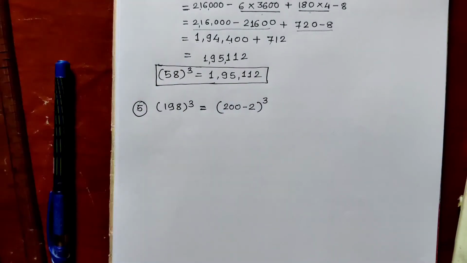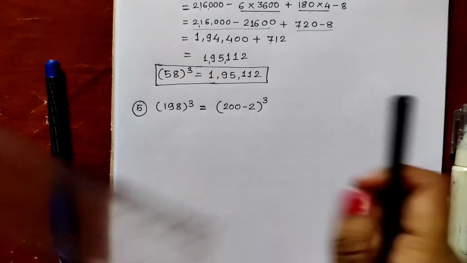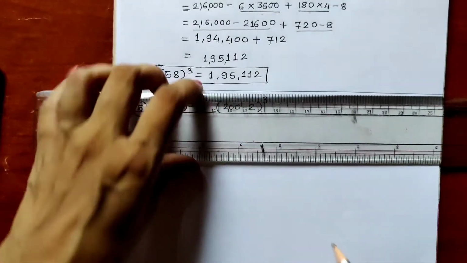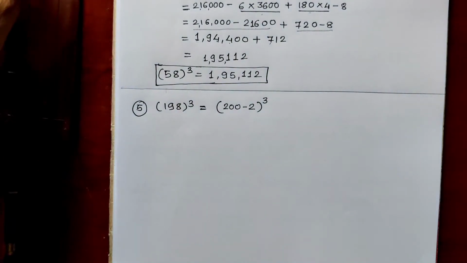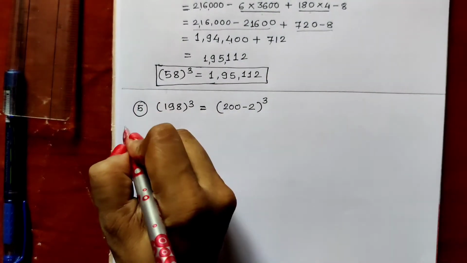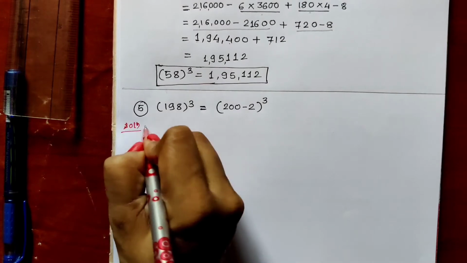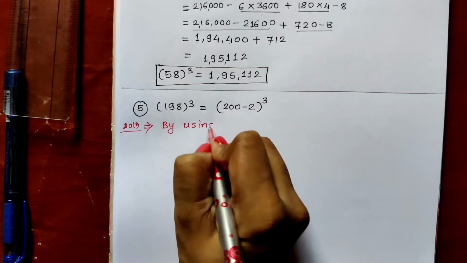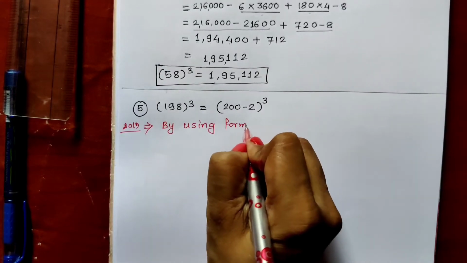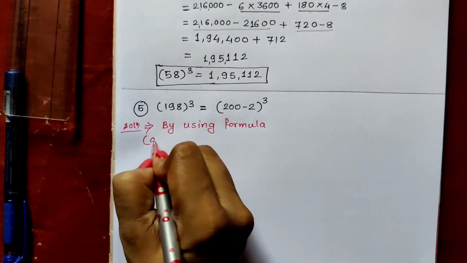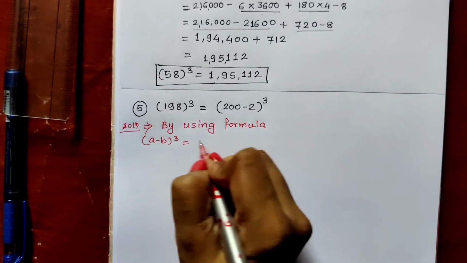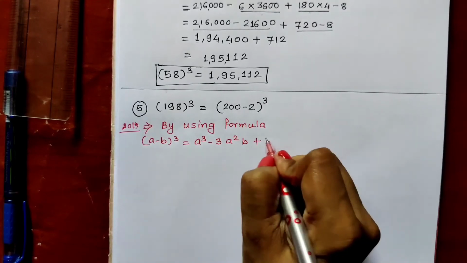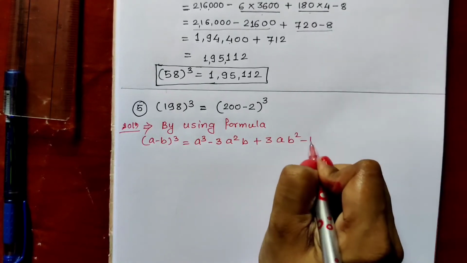Now we have converted. We will be writing the formula first. Let me draw a line to separate these two solutions. Okay. So now by using the formula in the solution, a minus b whole cube is equal to a cube minus 3 into a square into b plus 3 into a b square minus b cube.